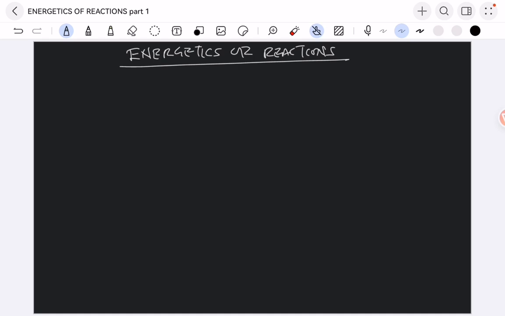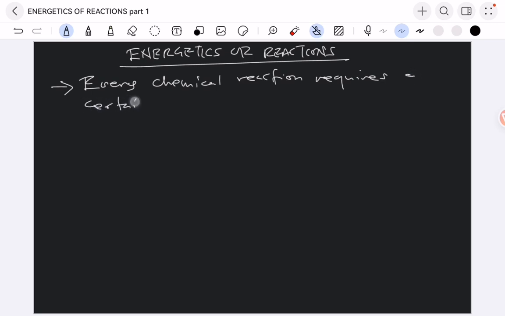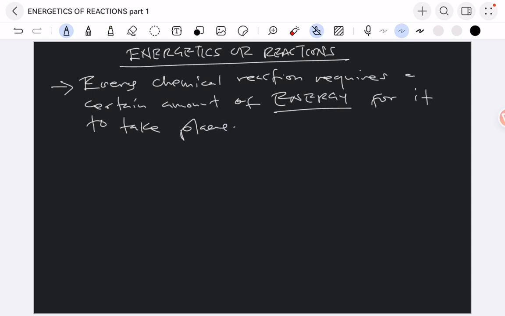So under energetics of reactions, it is brought to our attention that every chemical reaction requires a certain amount of energy for it to take place.